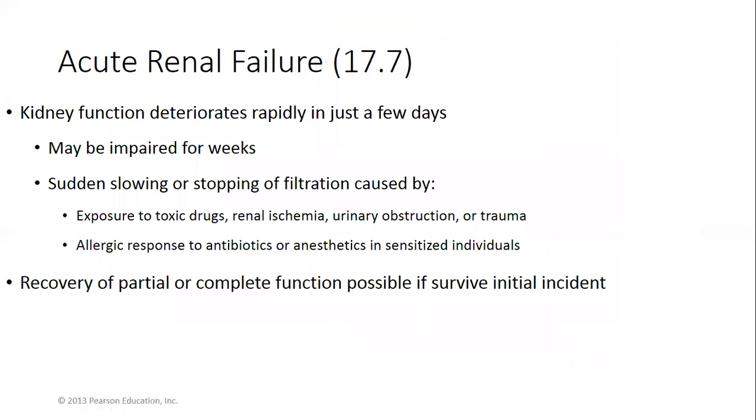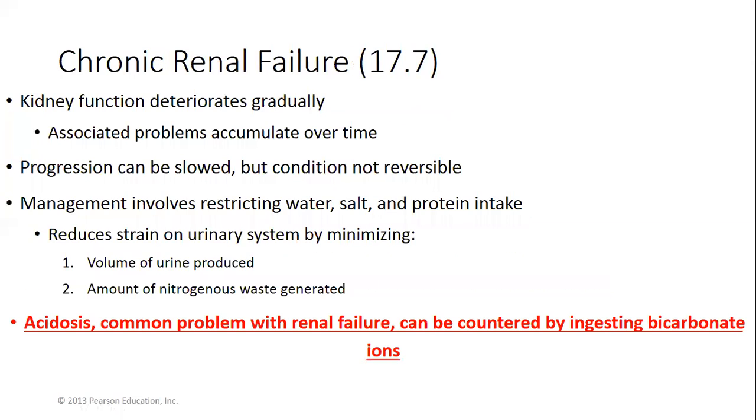With regard to renal failure, kidneys can deteriorate in just a few days. Sudden slowing or stopping of filtration can be caused by drugs. Ischemia is lack of blood flow to the kidney, and some obstruction or even an allergic response to antibiotics can cause major issues. Recovery can be partial or complete depending on how bad it is to begin with.